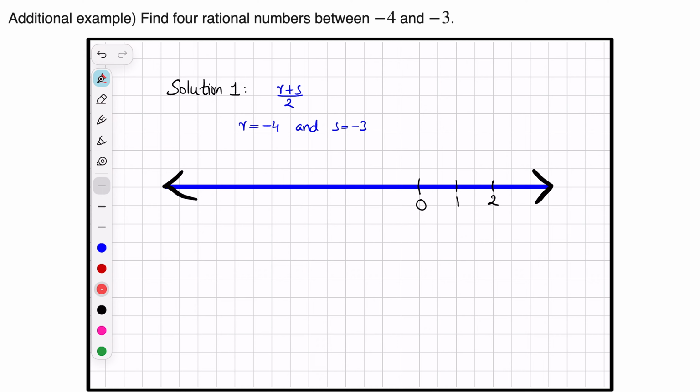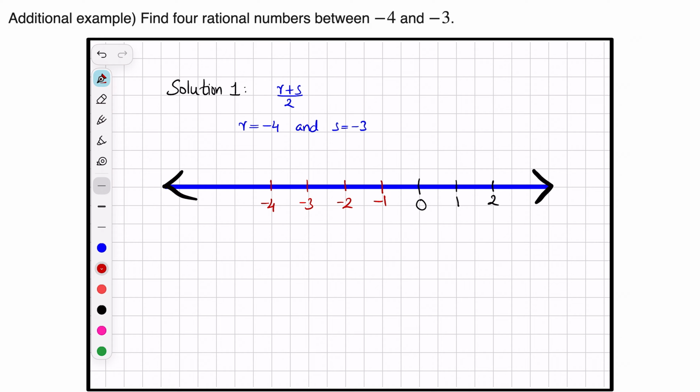Let me note the negative numbers and change the color. So this is -1, and this is -2, -3, and -4. In this problem, we are trying to find rational numbers between -3 and -4. That's the reason I took r as this and s as this.